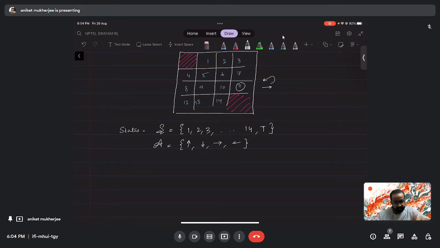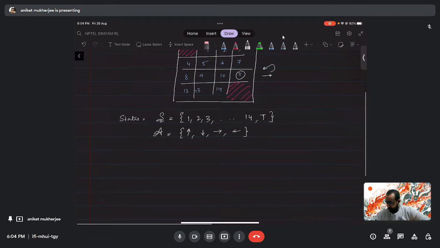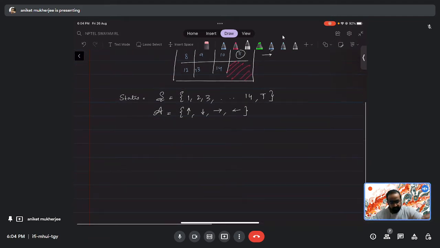This is just my numbers. I don't go in a cyclic way to 8. If I'm at 11 and take the action right, I go back to 11. If I'm at 7 and take action right, I go back to 7. If I'm at 3 and take action up, I go back to 3. If I'm at 4 and take action left, I go back to 4. Now let me give you a policy.